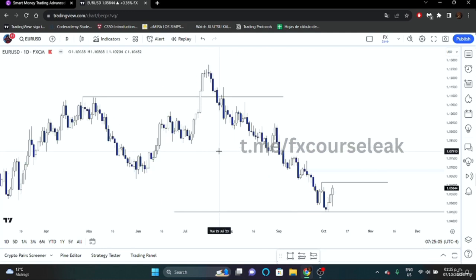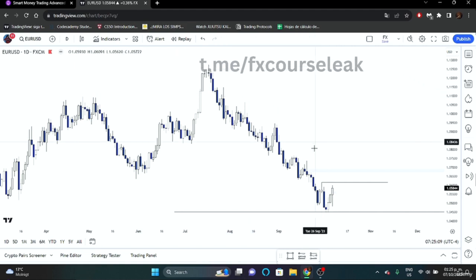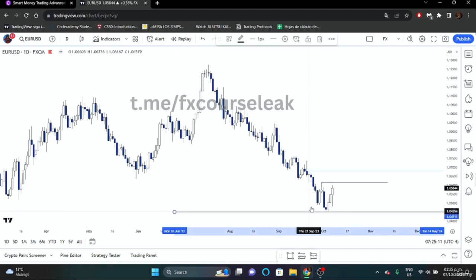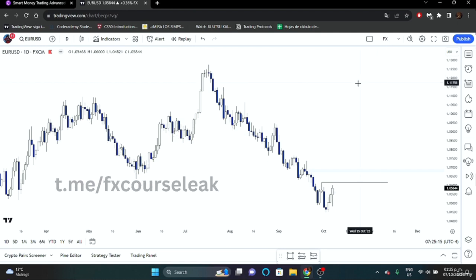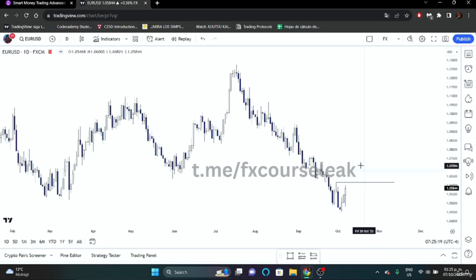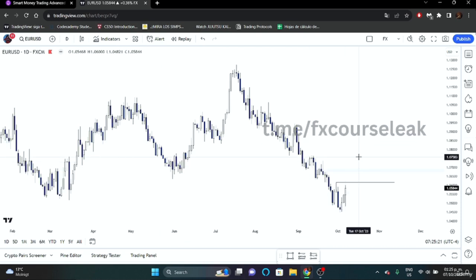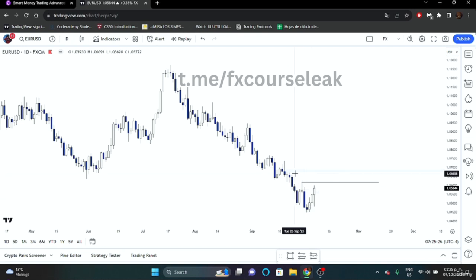So that's pretty much everything about market structure. We're just going to do a quick review on the daily time frame so there's no doubt. In my opinion, we're likely to go higher, but only for a retracement. You're asking yourself, we haven't broken the market structure on the daily.